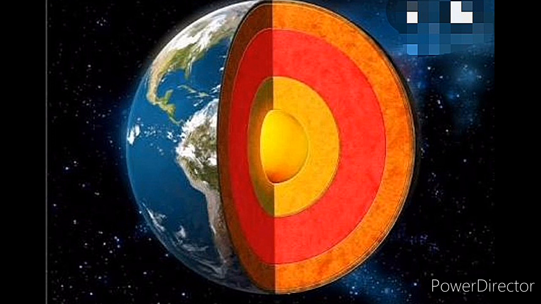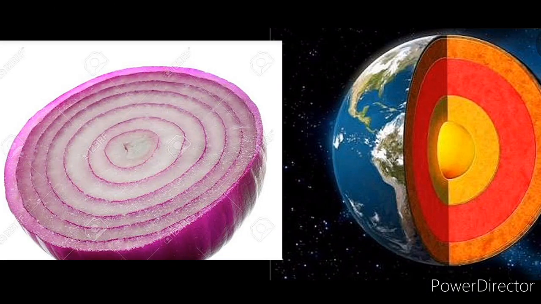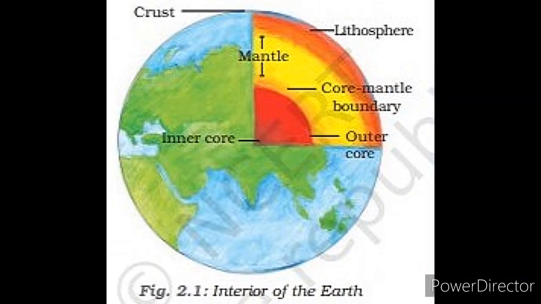As you can see, different layers are visible in an onion when you have a cross section. Similarly, inside our earth, there are three major layers. The outermost layer is known as the crust. Next to the crust is the mantle, and the innermost is known as the core.